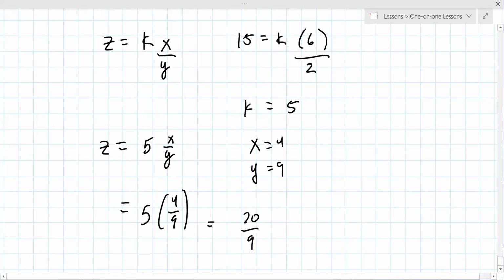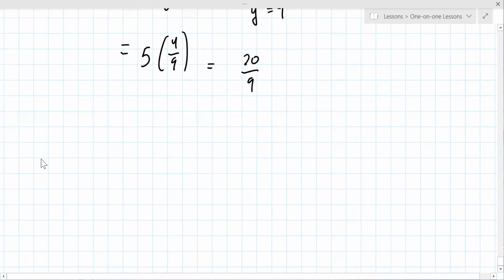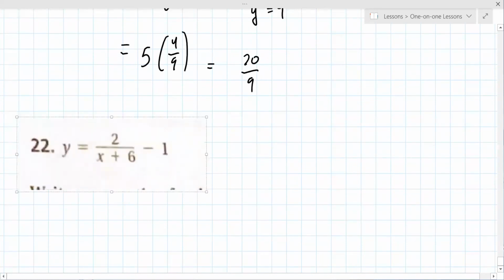Okay, so now we're on to the next assignment, which you said is question 22 and 28. Yeah. Okay. All right, so question 22, it says to sketch the graph of each function, identify the domain and range.